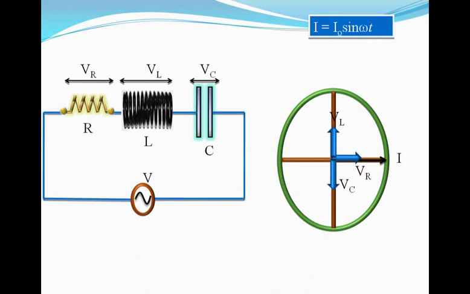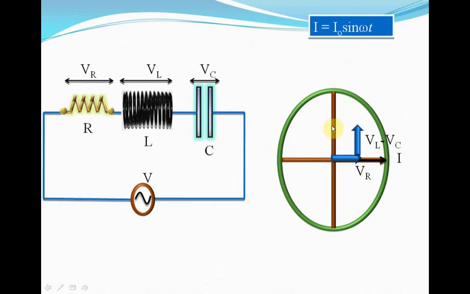Similarly, initially, VL will lead the current by 90 degrees. That's because, again, as we had just discussed, the inductor voltage leads the current by 90 degrees. Now, these are basically vectors. After all, we are representing voltage and current by phasor vectors. Therefore, if we add up these vectors, this is what we get.